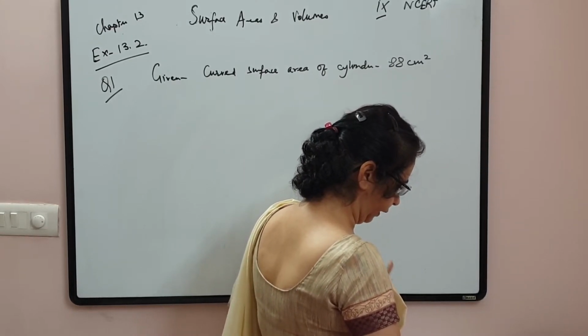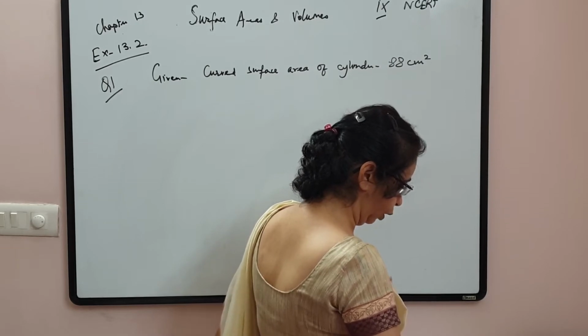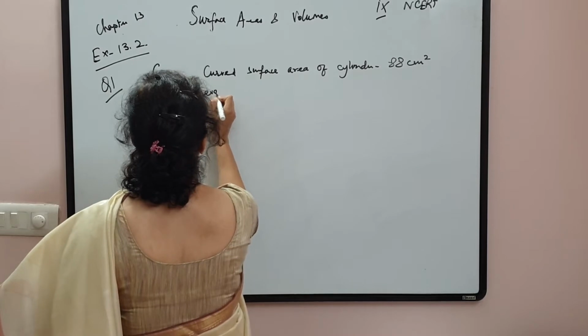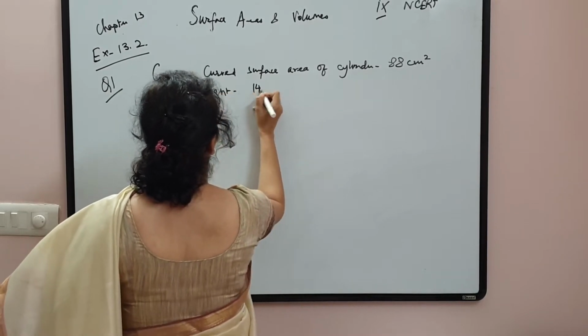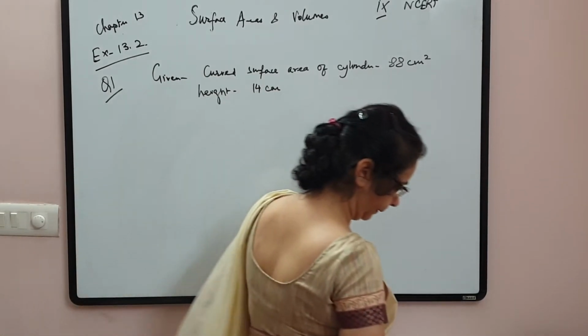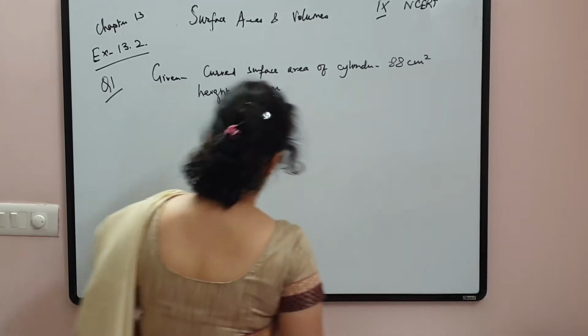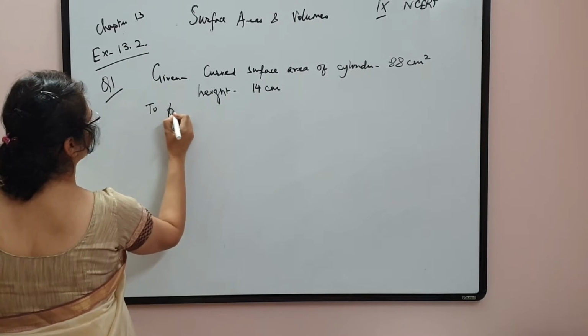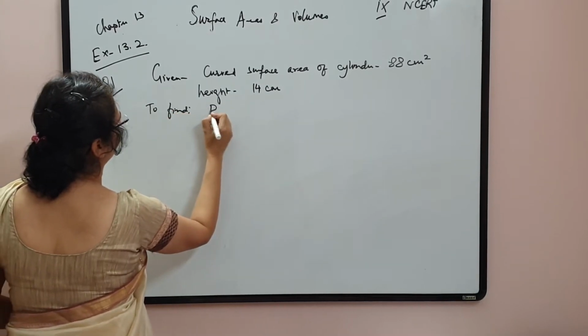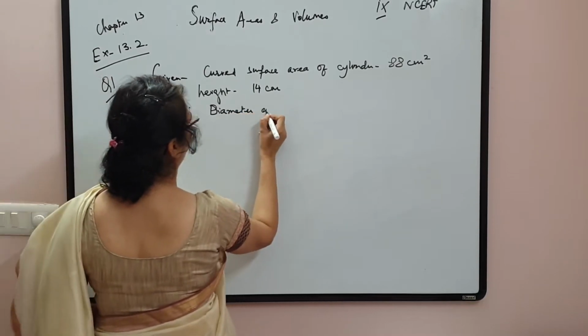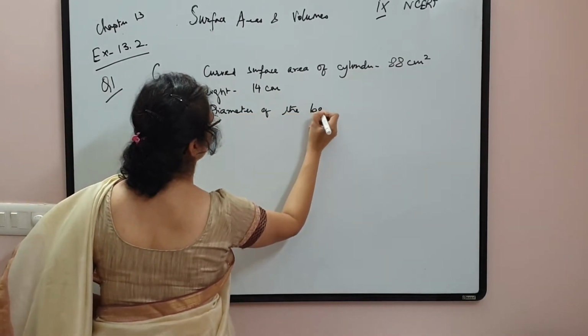The curved surface area of a right circular cylinder of height 14 centimeters. So, height of this circular cylinder is 14 centimeters. Okay. Find the diameter of the base of the cylinder. What do you have to find, children? The diameter of the base of this cylinder.